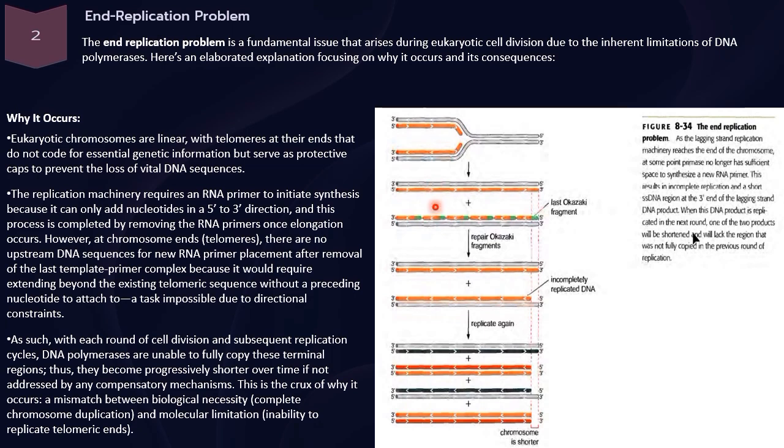So this is a leading strand and this is a lagging strand. DNA pol alpha creates an RNA primer on the end of the Okazaki fragment or lagging strand, which is in the 5' direction.